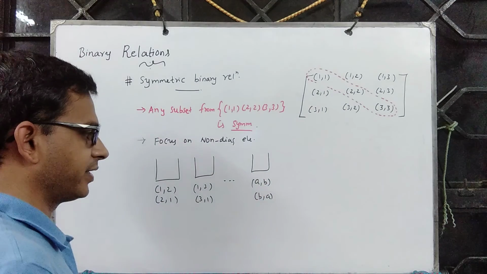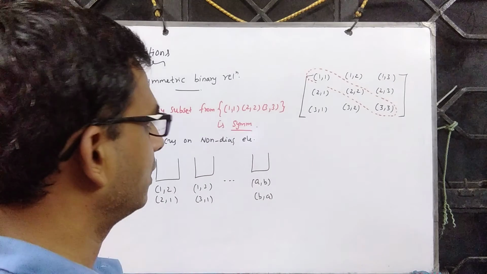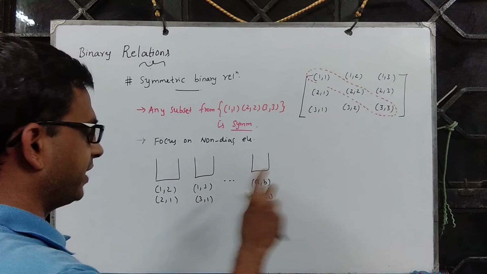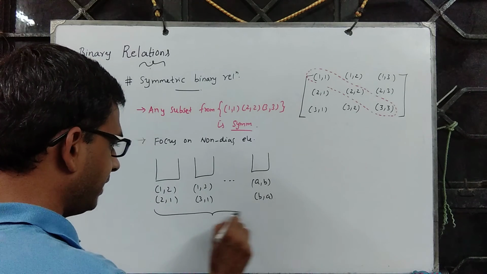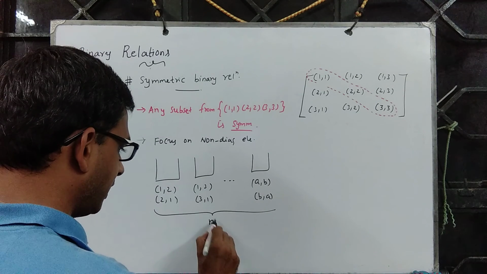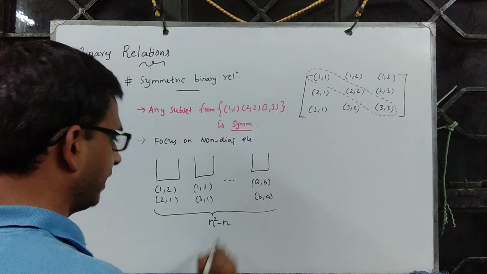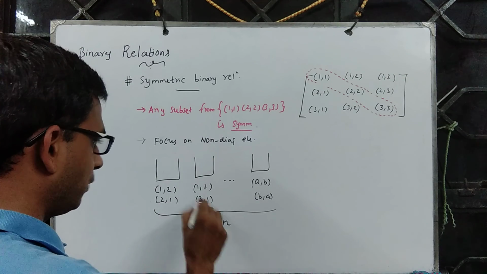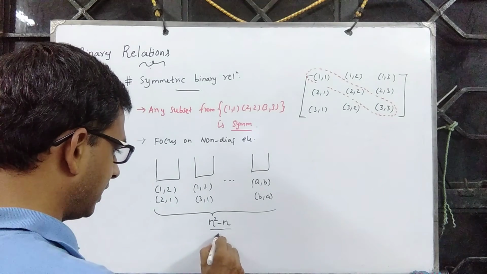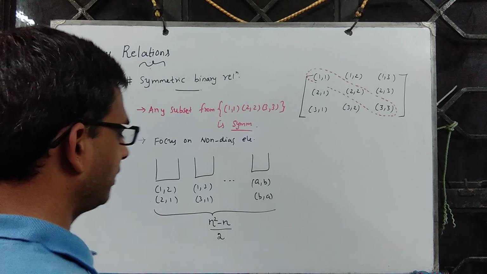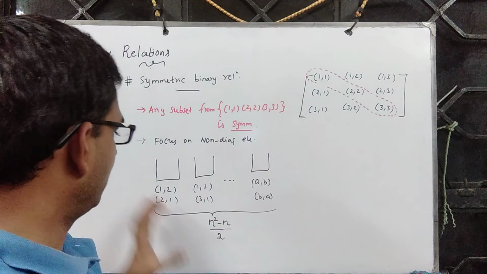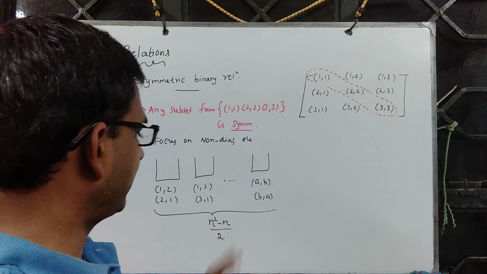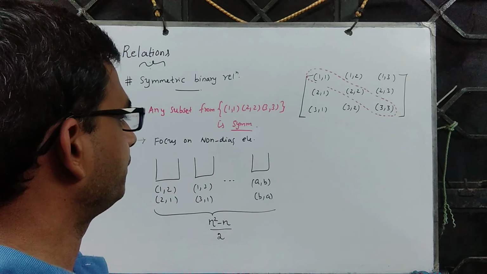We are focusing on non-diagonal elements. So like this you are grouping them. So how many non-diagonal elements are there? There are n square minus n, but we are grouping them, which means there are (n square minus n) by 2 pairs. So the size of this is (n square minus n) by 2.